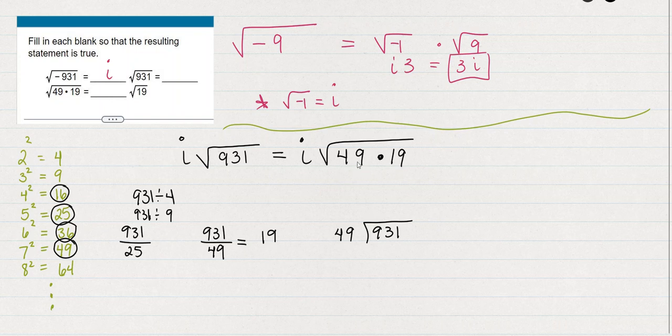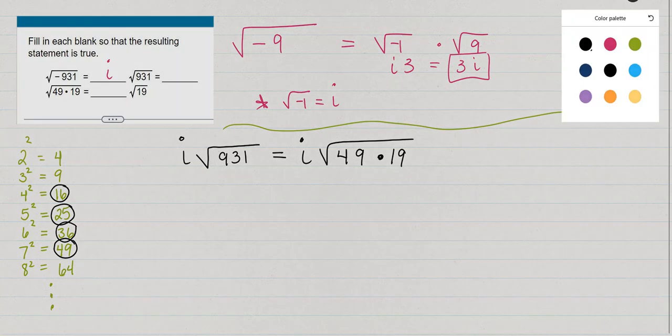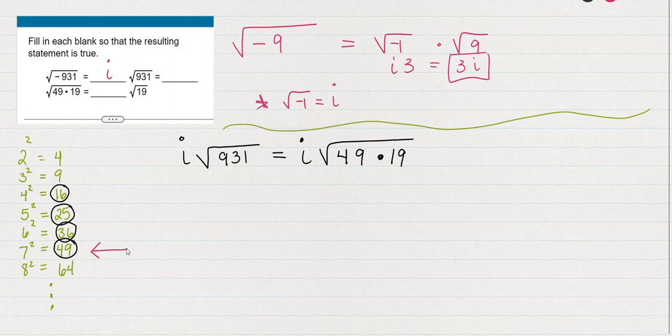But that 49, the square root of 49, let me erase some of this. The square root of 49 is a perfect square because 49 is 7 squared. The square root of 49 is the square root of 7 times 7, so that's a 7.